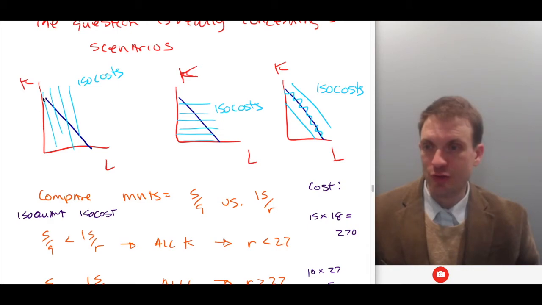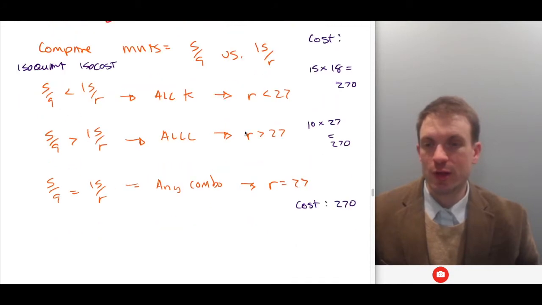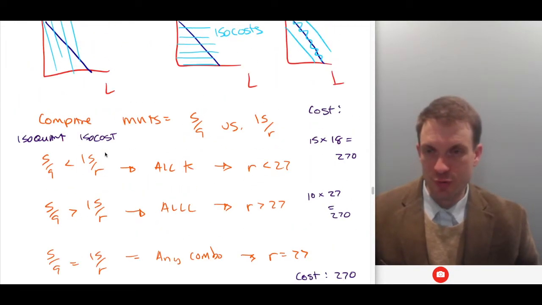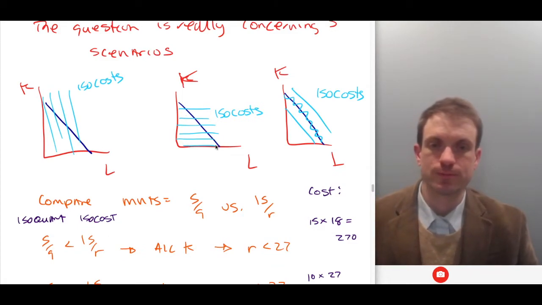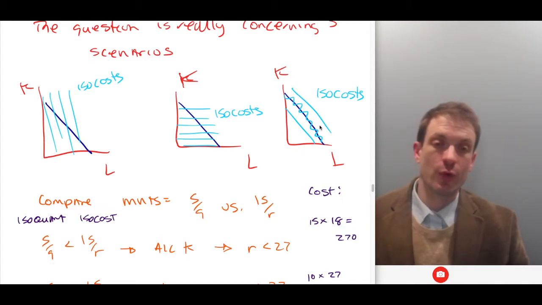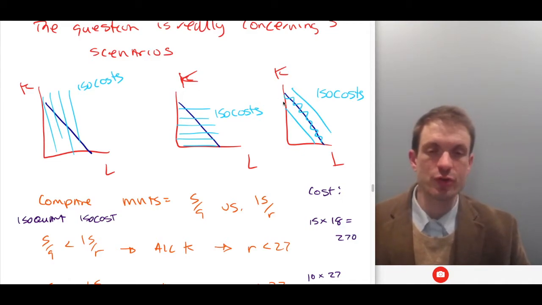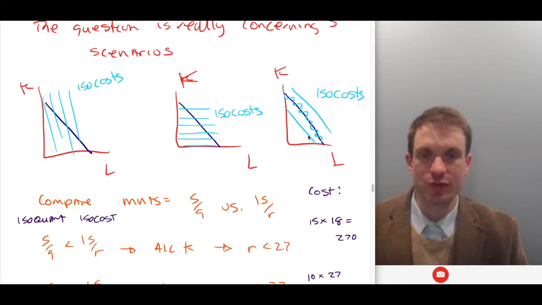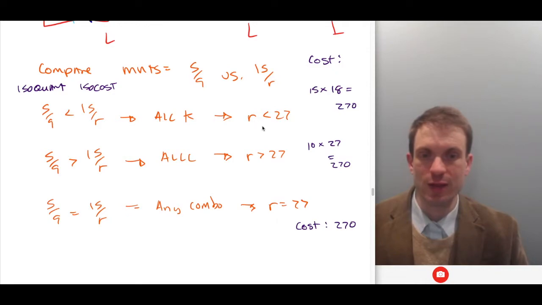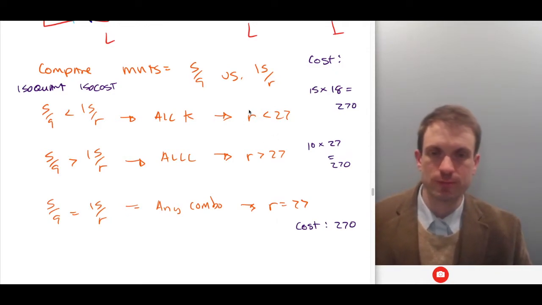The smallest isocost would cross the isoquant on the vertical axis, and we'd use only capital. Suppose R is bigger than 27. This gives us flat isocosts relative to our isoquant, and we'd use only labor. And the interior solution happens if we have the same slope between our isocost and isoquant, and one of our isocosts lies coincident with our isoquant, and then any combination that gets us that amount of output works.